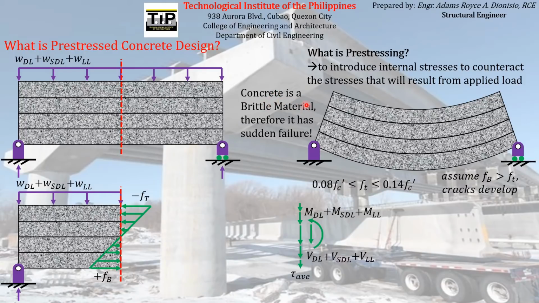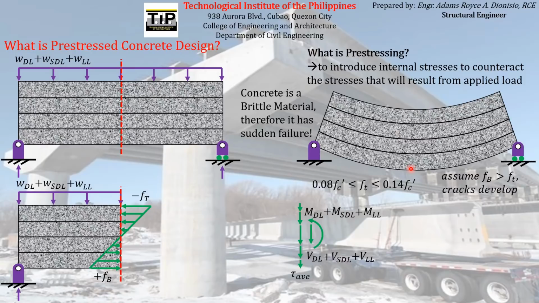When we say brittle material, it has a sudden failure, meaning even if we have a little crack there, since concrete cannot resist tensile stresses larger than this tensile strength we have here, therefore it will break or it will fail.